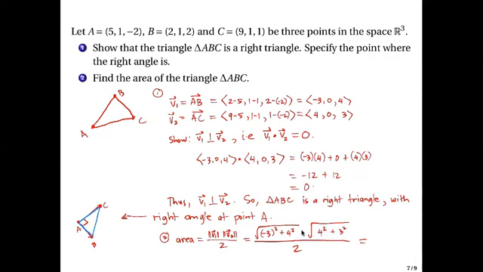So you actually have square root of 25 times square root of 25 over 2. Or simply, this is 25 over 2. So that is the area of this triangle here.